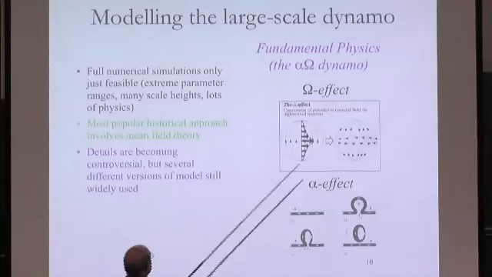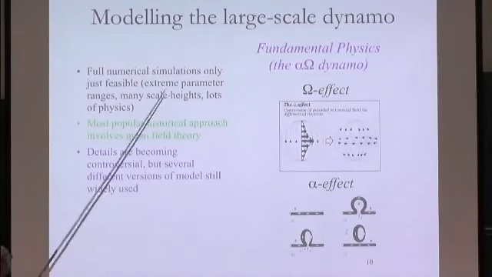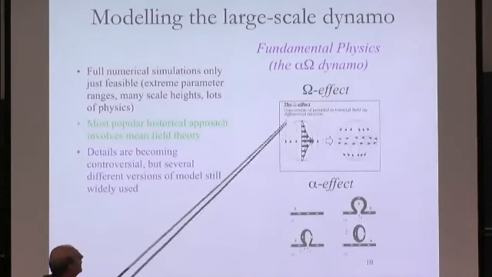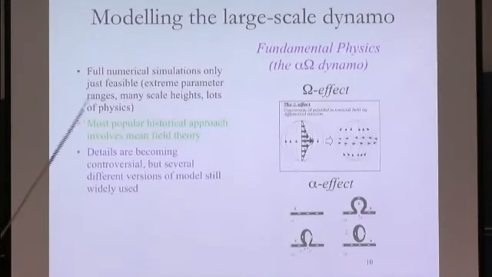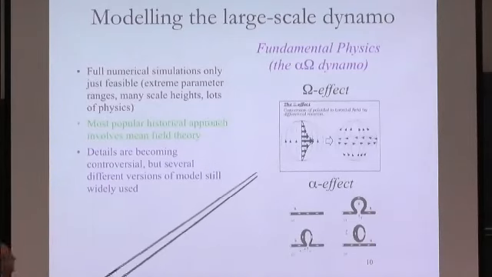So how do you model the large-scale dynamo using the alpha effect? This is old stuff. There are two main ways of thinking about things. There's a differential rotation of the sun, which is obvious to the naked eye, actually. The sun rotates about once a month, but faster at the equator and slower at the poles.